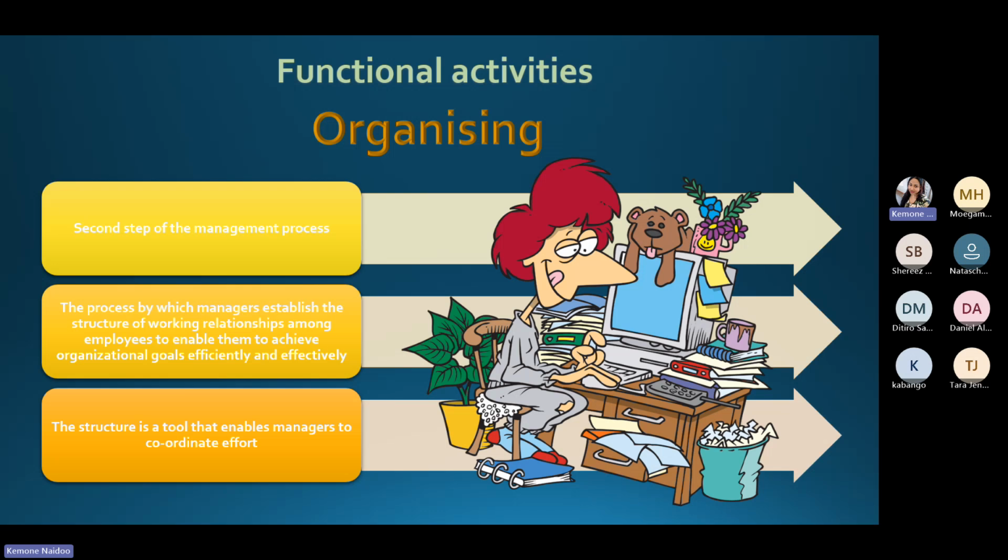Okay. When it comes to organizing, being able to coordinate tasks and activities and manage your resources is such an important aspect of management, because if we did not have the organizing capability, we would not be able to manage our resources in a way that is sustainable. And we need our resources to be sustainable, especially if you are a brand new business. If you are depleting your resources too quickly, that will become a problem later on.